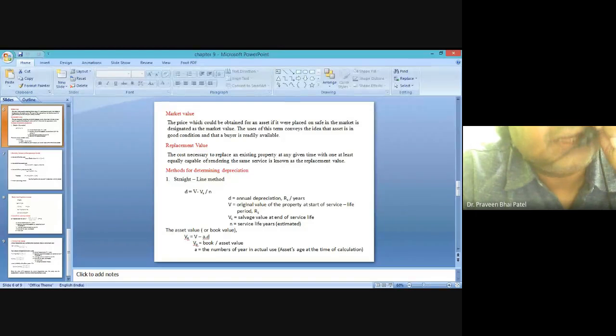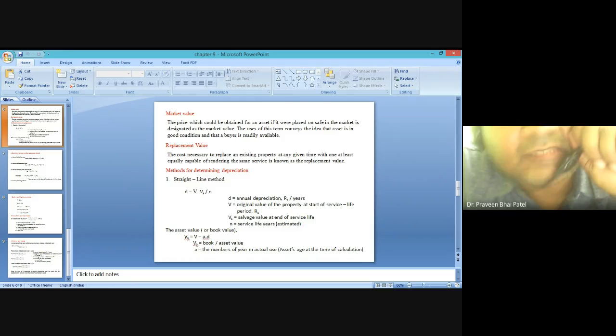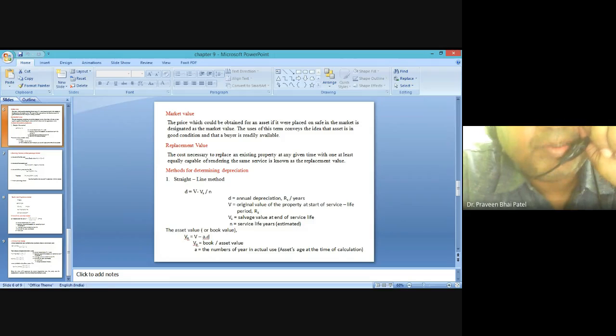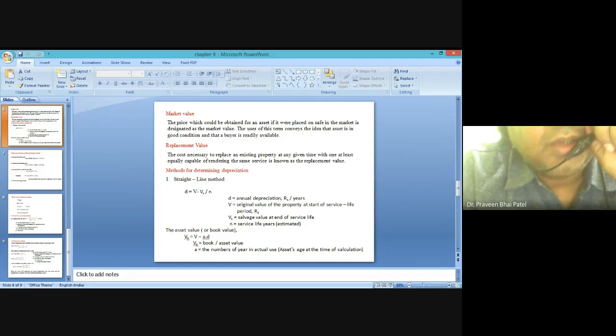So here the number of service life years will be what? It will be 10 years. So what we are doing? We are just subtracting the original value minus salvage value upon the number of service life years, which has been estimated by the company or the industry when we are going to do the calculation.